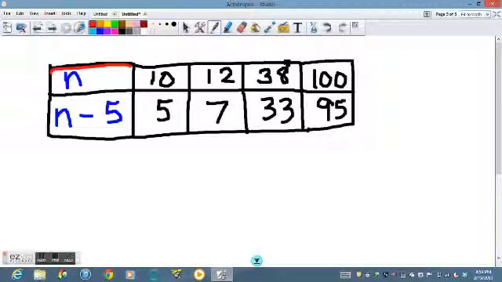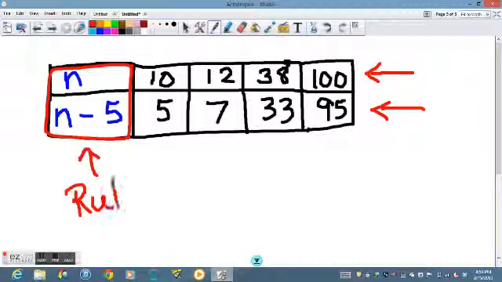So again, this is our rule. The number at the top is n, and the number at the bottom is always n, which is the top number, minus 5. All the numbers on the bottom are 5 less than the number at the top. This is our rule that we go by every time.